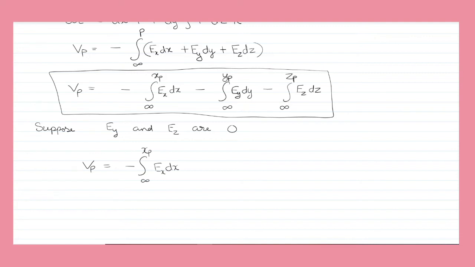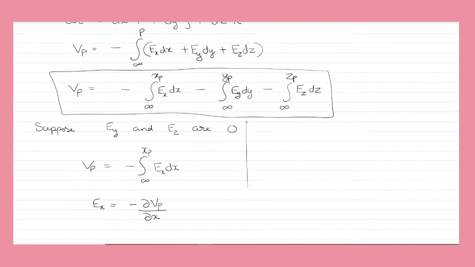So if we do just the opposite, we differentiate Vp with respect to x, assuming that there is only electric field along the x axis and there is no Ey and Ez. So this is partial differentiation. Minus dV upon dx will give us Ex.